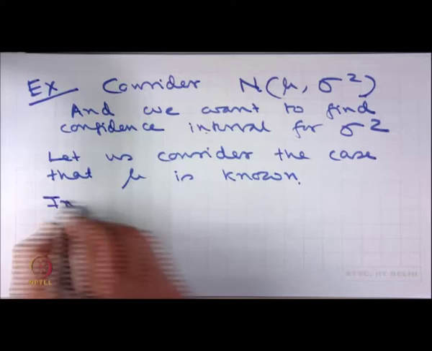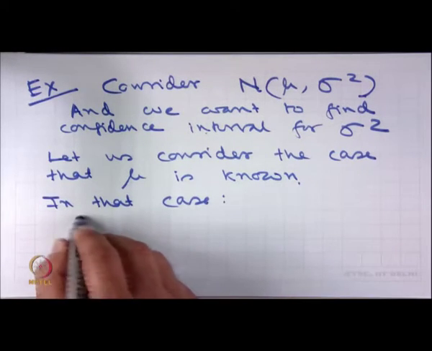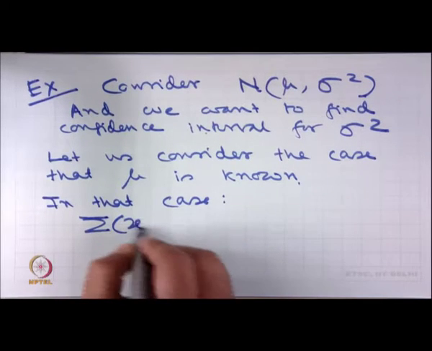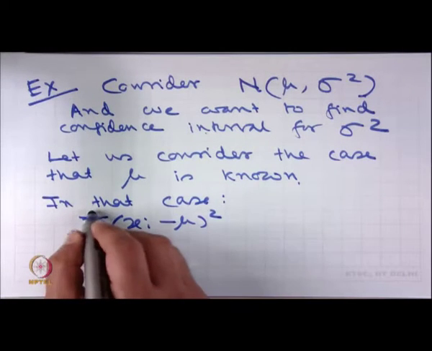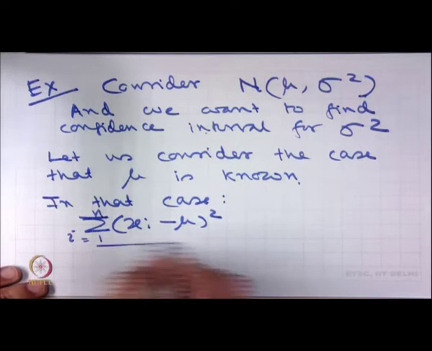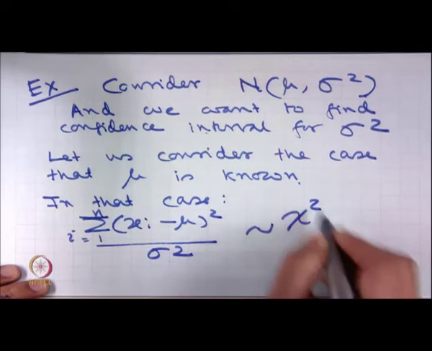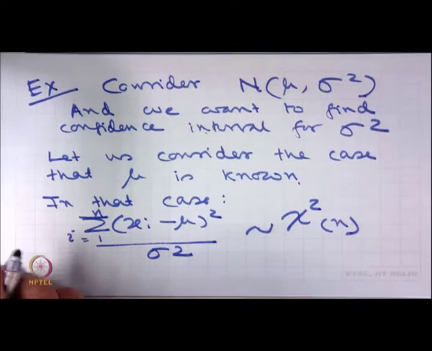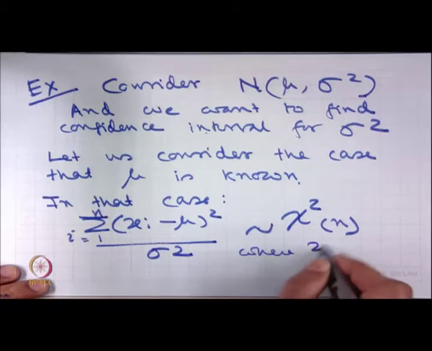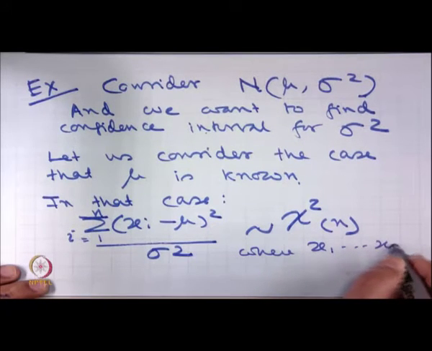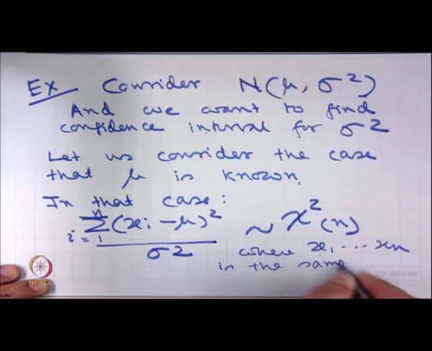In that case, the sum of (xi minus mu) whole square, i equal to 1 to n, divided by sigma square, we know that it is a chi-square with n degrees of freedom, where x1, x2, ..., xn is the sample obtained.